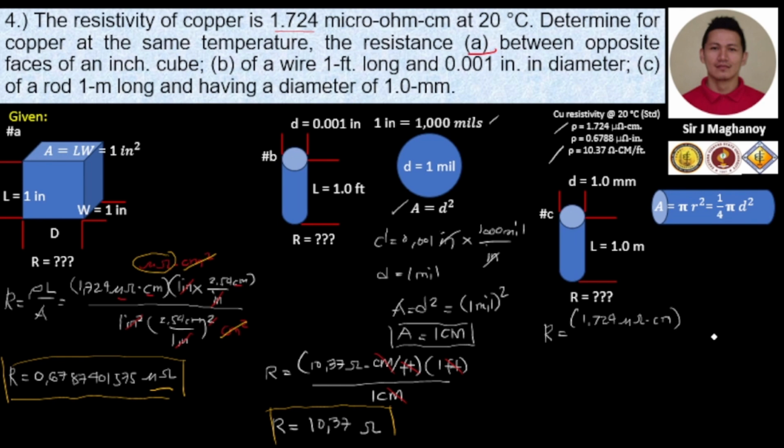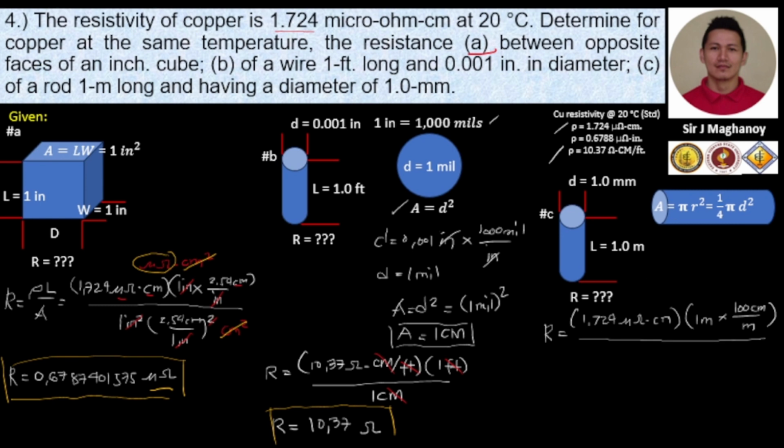So how about for our length? That is 1 meter. Since this is in centimeter, we need to convert 1 meter to centimeter. So in every meter, there are 100 centimeter. Okay, all over the cross-sectional area.